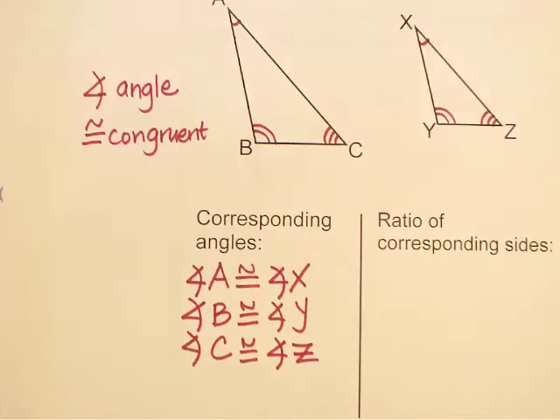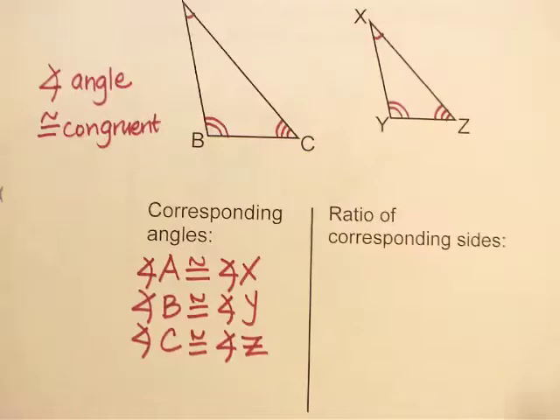Okay? Now the next thing in that definition of similar figures, the corresponding side lengths have to be proportional, which means that matching sides have to form a proportion. So let's take a look. Which sides match? And you can also use the angle marks to help you with that. Okay?